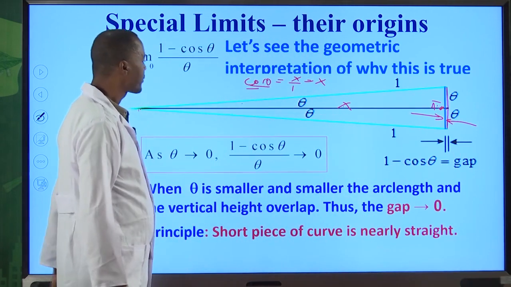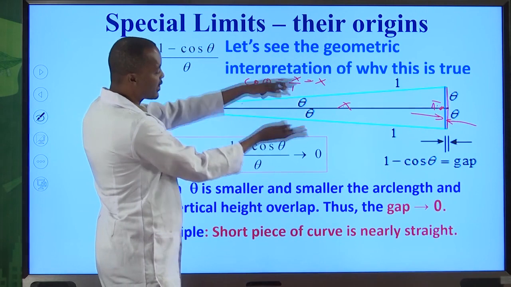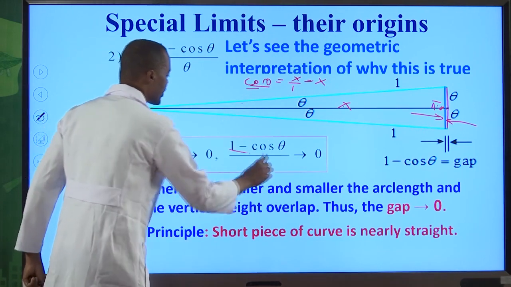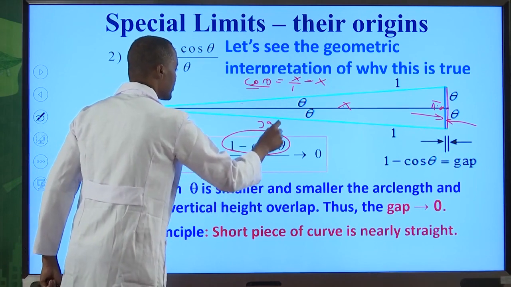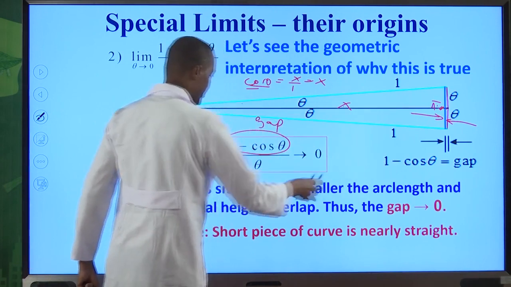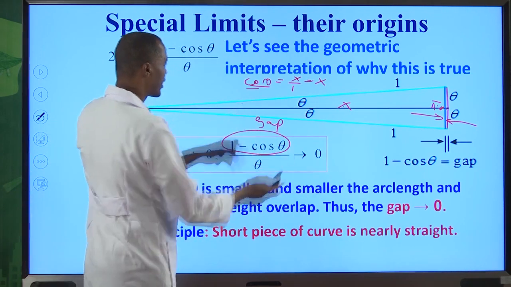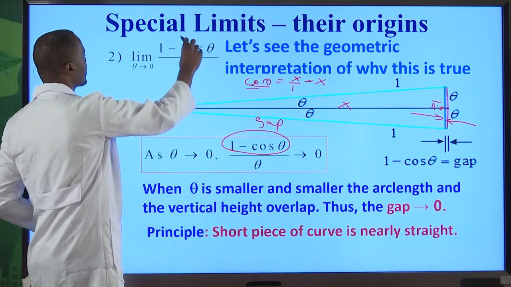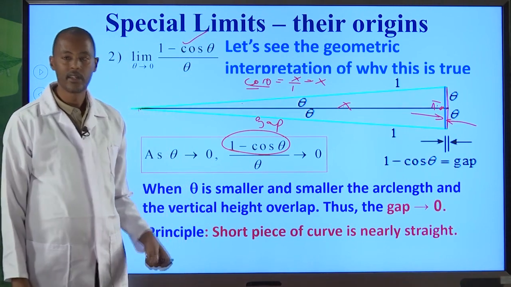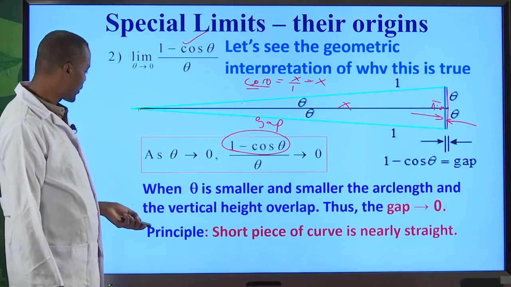As the angle becomes sufficiently small, that gap tends to 0. So this part is the gap divided by theta, that approaches 0 when you diminish the angle. That is essentially what is meant by this limit. So the limit of 1 minus cosine theta over theta is simply equal to 0.